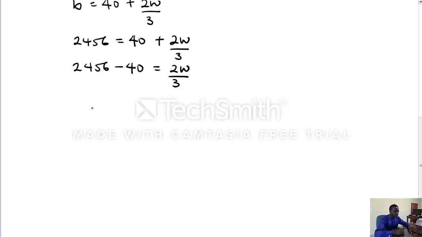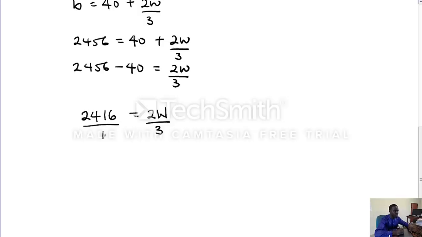So that 2456 minus 40 will give me 2416. When you subtract 40 from it, this is what you get, is equal to 2W divided by 3.